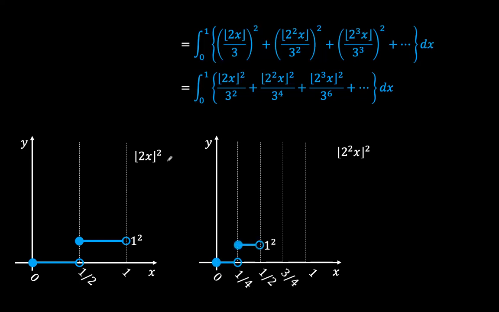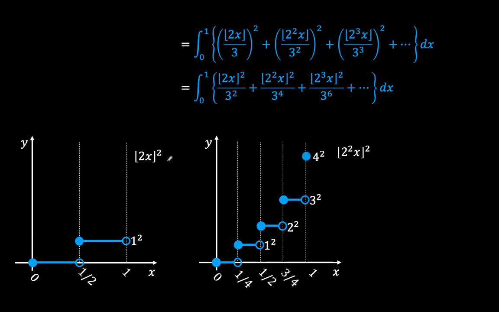From a quarter to a half, the floor of 2 squared x will be 1, and therefore the floor function squared is equal to 1 squared. From a half to 3 quarters, the floor function will be 2, and so that squared will be 2 squared. And from 3/4 to 1, the floor function value will be 3, and so the square of that will be 3 squared, right? So that's how you would look at it.